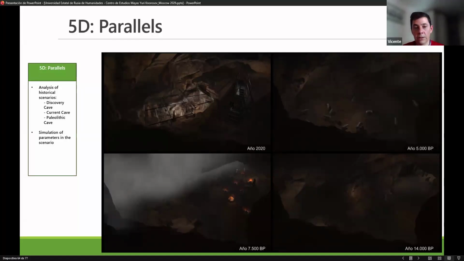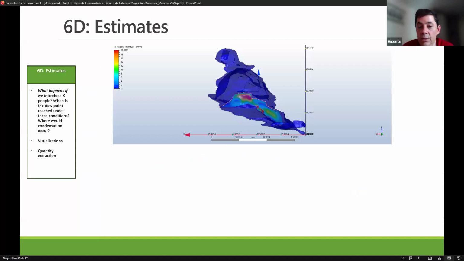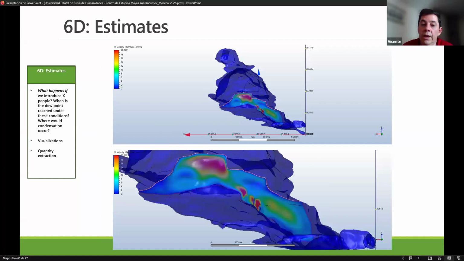It's very common now to estimate in current models the effect of people visiting the cave. This is the dimension of the cave. Look, this is the 3D model, and when you put people in, they create an anomaly in the cave.